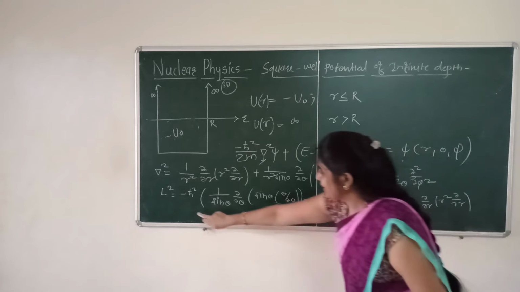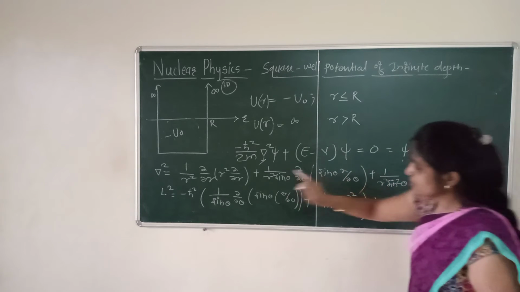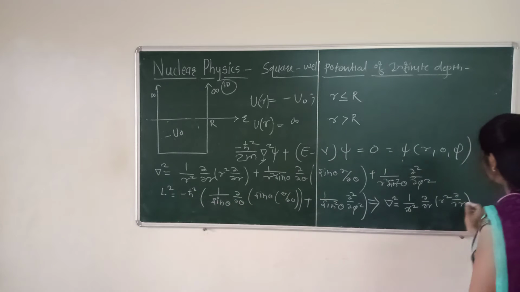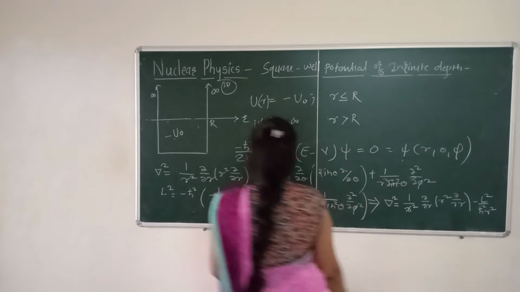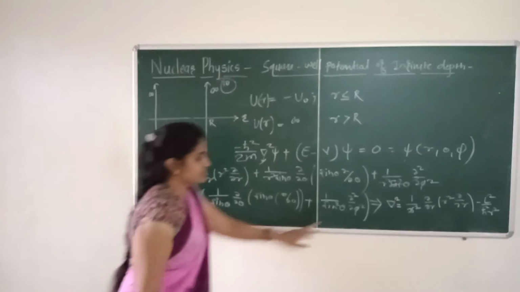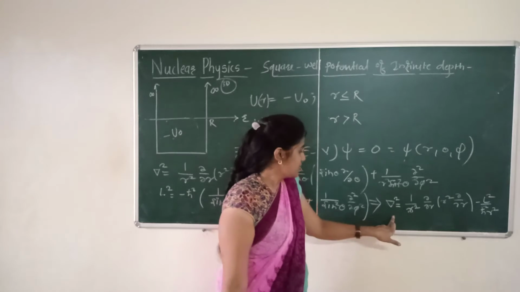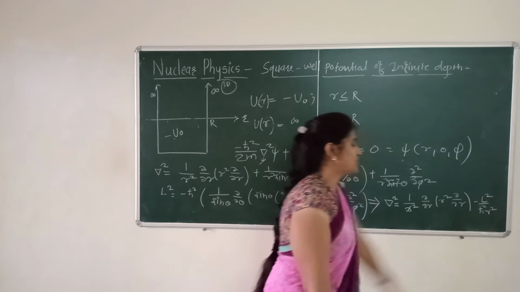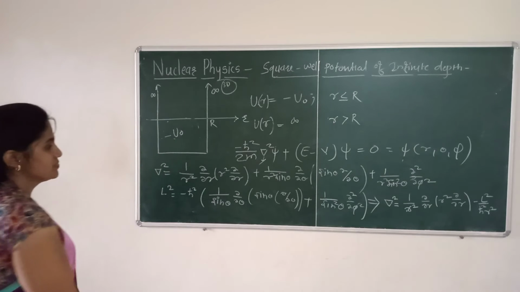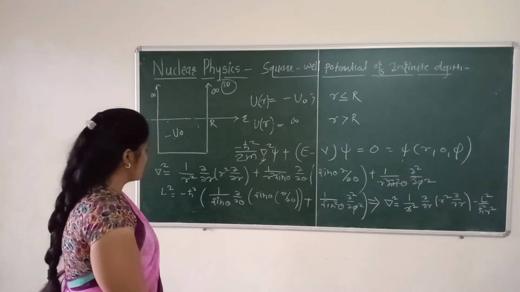Now we are writing these terms in the form of L square, that is equal to minus L square divided by h cross square r square. Understand student? Means that is del square in 3D: 1 upon r square dou by dou r, r square dou by dou r, minus L square divided by h cross square r square. Clear everyone?